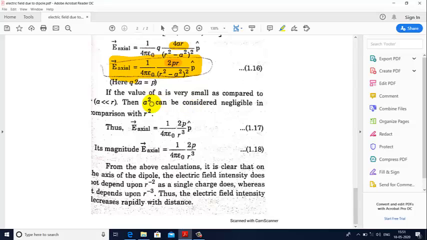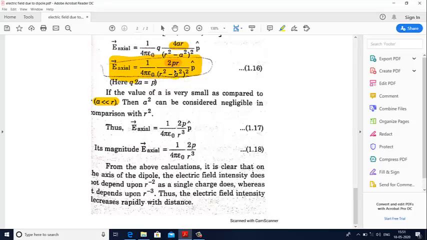Now another approximation that we consider: if A is much less than R, the value of A is very small, then this A square term can be neglected as compared to this R square term, because if A is very small, its square will be even smaller, and R is very large, so its square will be even larger.